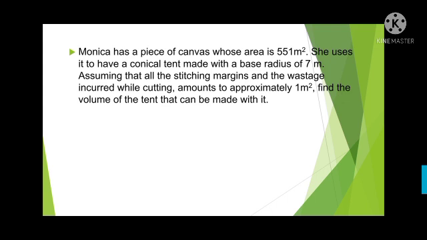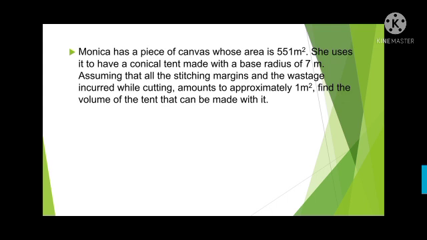Here comes the next problem. Monica has a piece of canvas whose area is 551 meters square. She uses it to have a conical tent made with a base radius of 7 meter. Assume that all the stitching margins and wastage incurred while cutting amount to approximately 1 meter square. So this is the waste out of the total canvas.